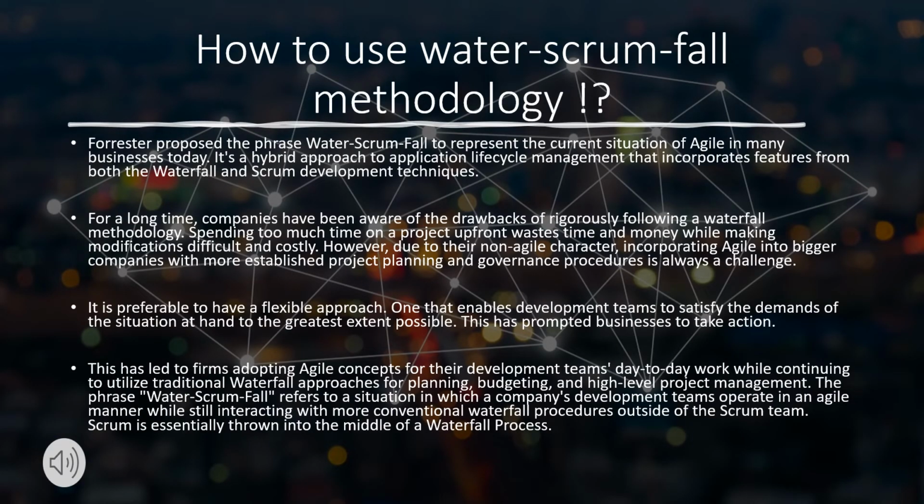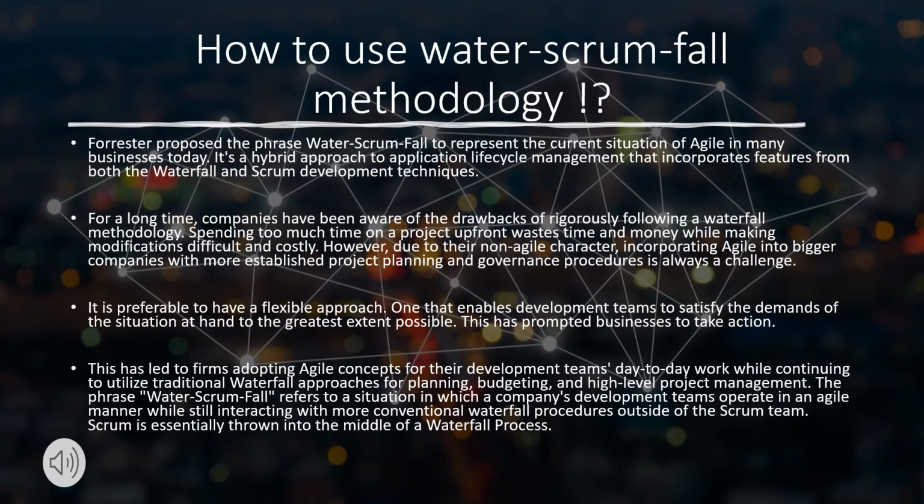How to use Water Scrum Fall methodology. Forrester proposed the phrase Water Scrum Fall to represent the current situation of Agile in many businesses today. It's a hybrid approach to application life cycle management that incorporates features from both the waterfall and Scrum development techniques.